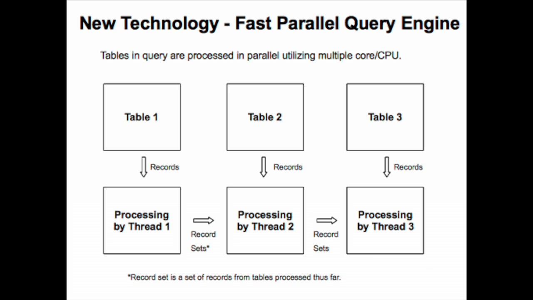Now, over here, table 2, thread 2, it reads the record that's sent by thread 1, because it might use this record as an index to access table 2. So it will take that record and read table 2. And if that record matches the condition, it will shove that record along with the record it just received from thread 1 into its own inter-table buffer, which is used to feed into the next thread.